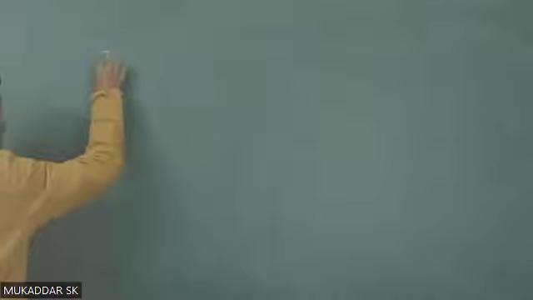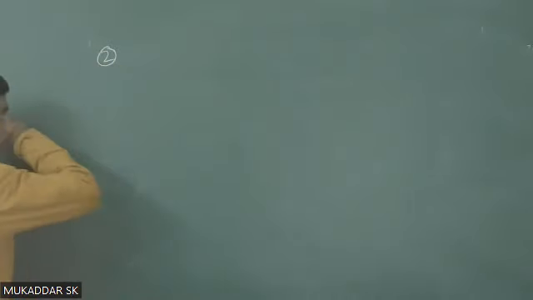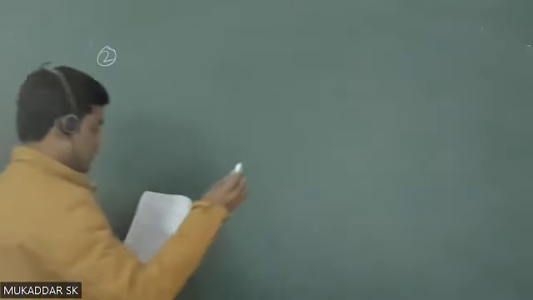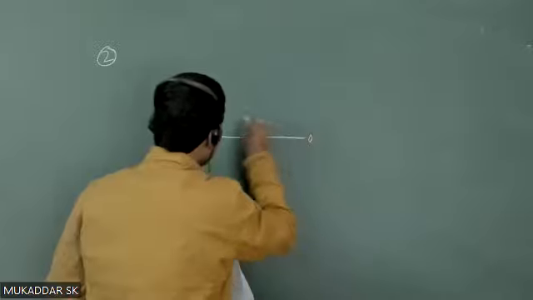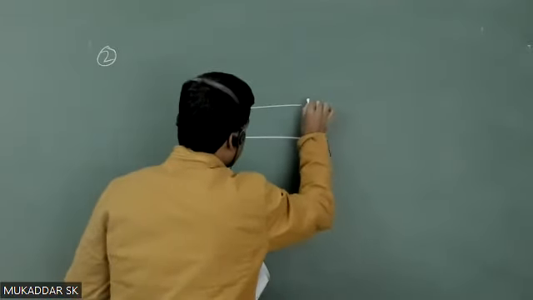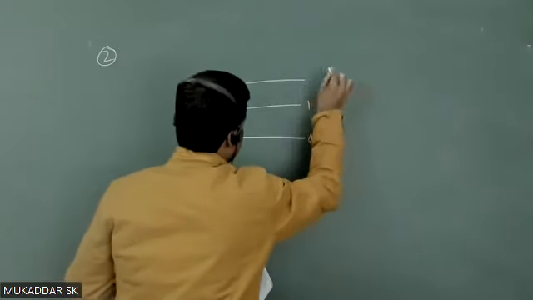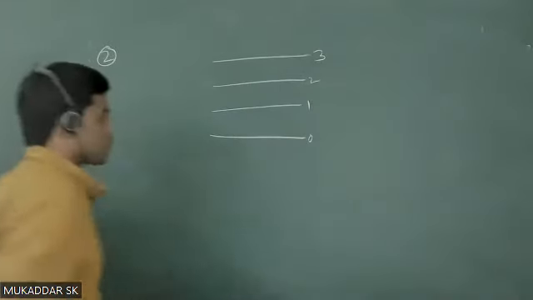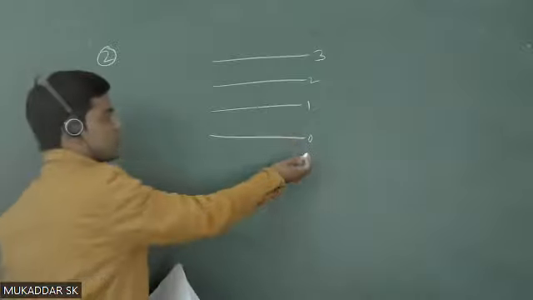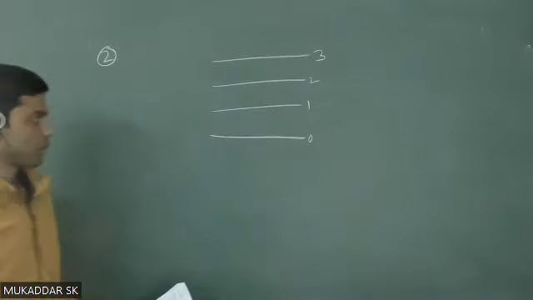Next problem, problem number 2. Suppose you have a 4-level system given: 0, 1, 2, and 3. So this is basically a 4-level system, right?